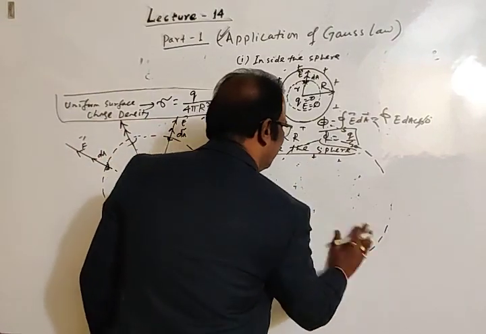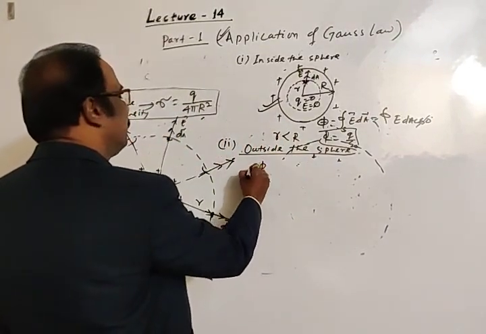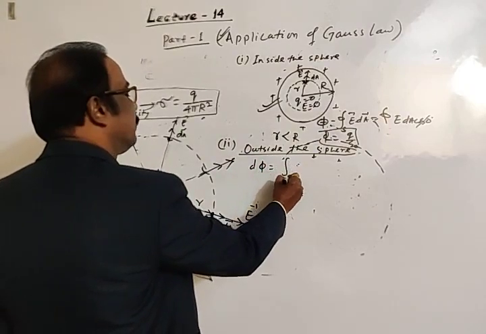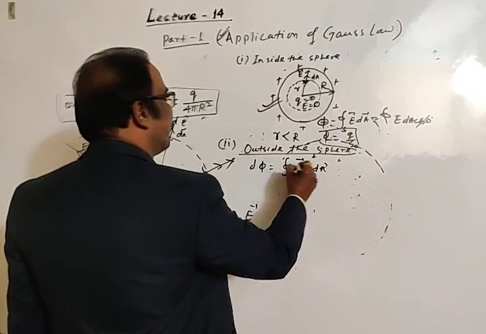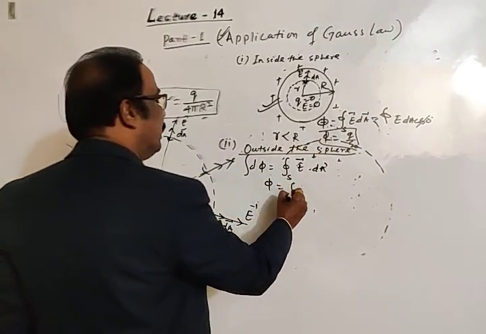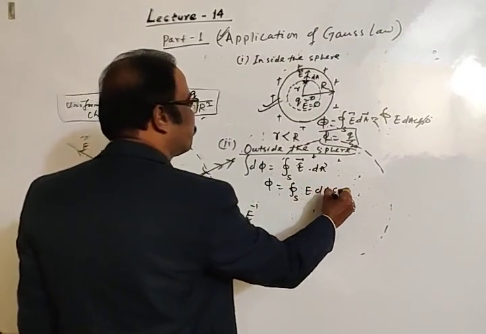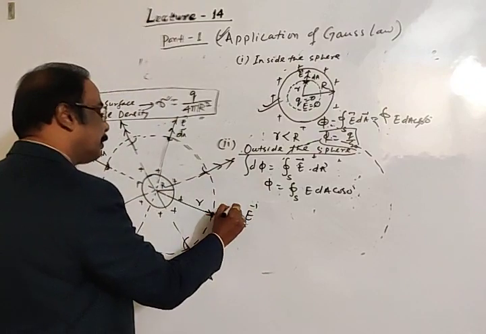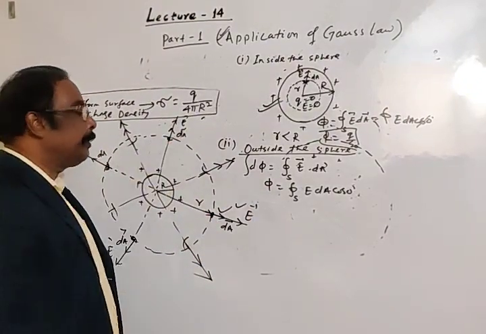Okay. Now, as per the concept, flux d phi is equal to the surface integral of E dot dA. Integration of d phi is phi, and here again the same result, the surface integral of E dA cos 0 degree. See, the direction of the elemental area and the direction of the electric field are in the same direction.